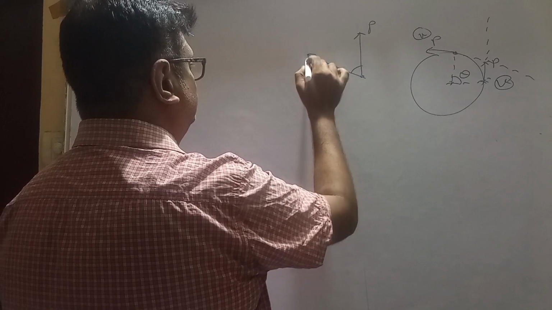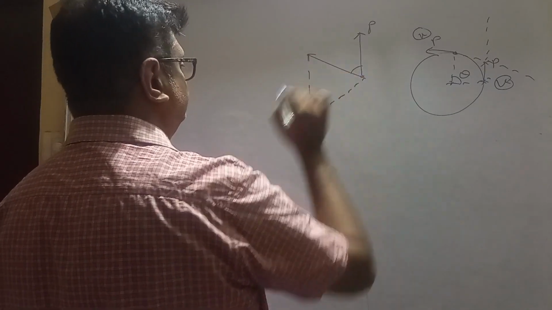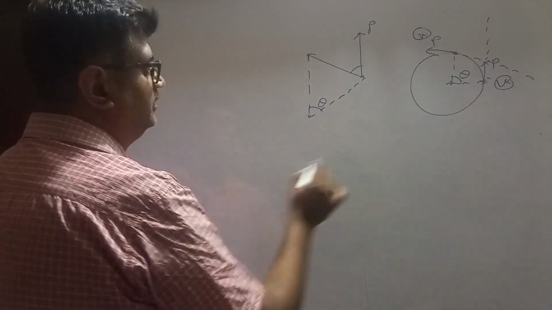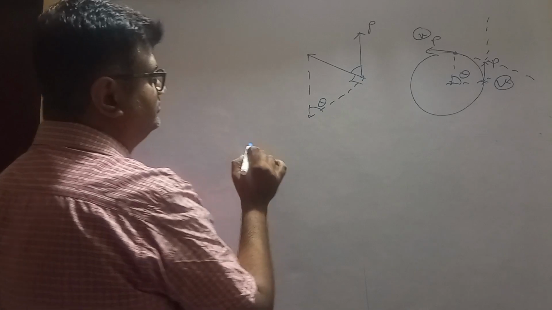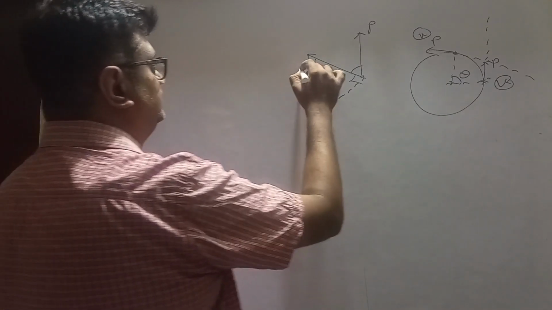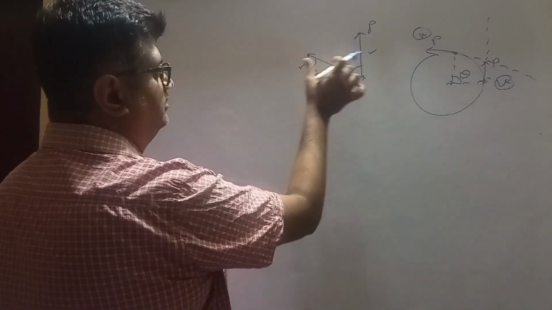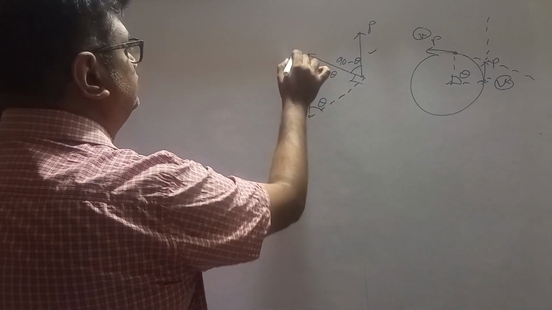So this was the circle center, so you have to join them. So this is theta, and because this is a tangent, this would be 90 degrees. So this will be 90 minus theta. So this line and this line will be parallel to each other, so this angle will be 90 minus theta.